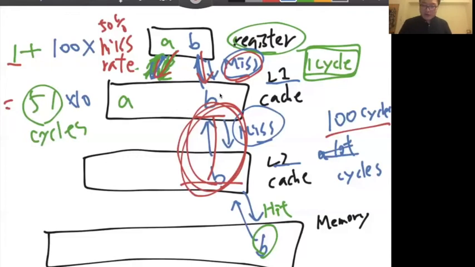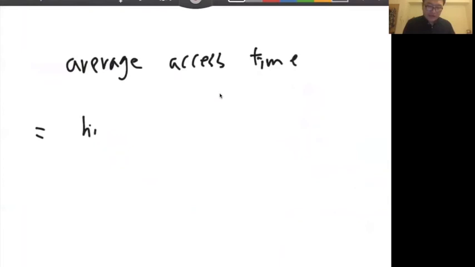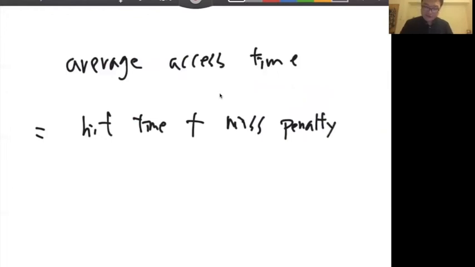So this is how you compute the average access time. Average access time equals hit time, because even on a hit you still need to load the data from cache to register, plus the miss penalty, which is the actual extra cycles you need for a miss, times the miss rate.